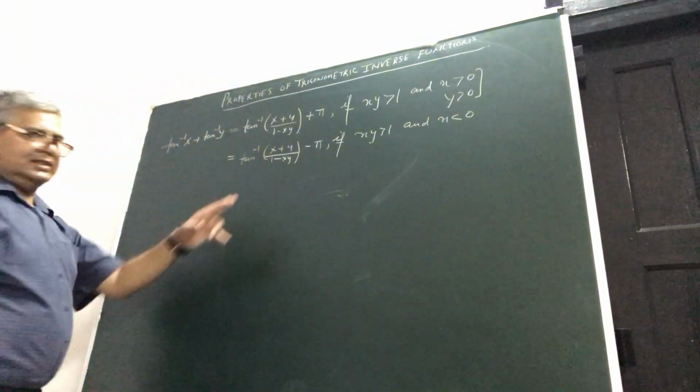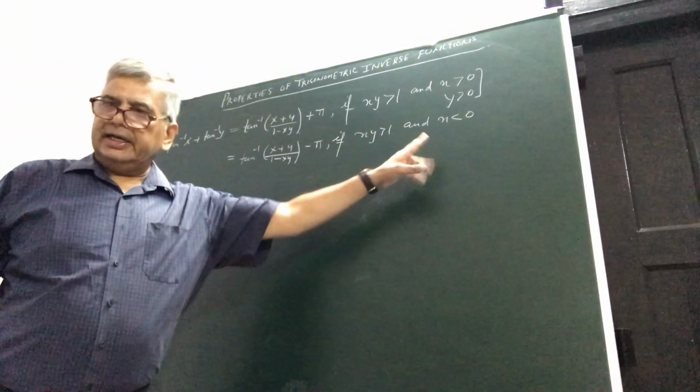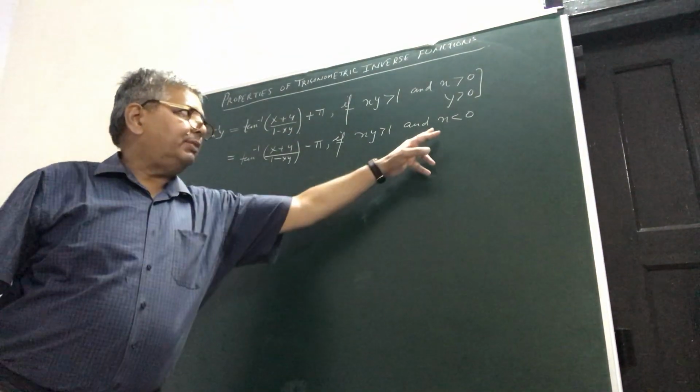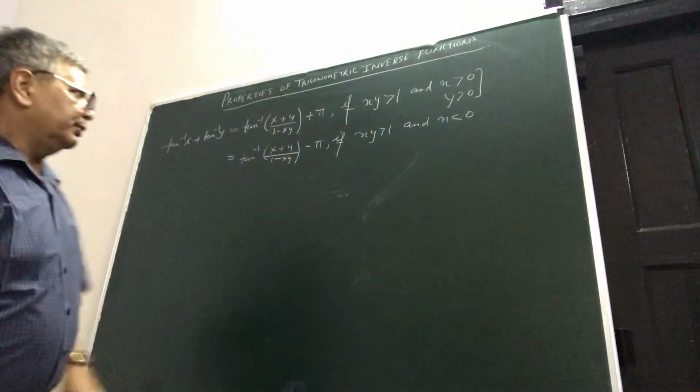And again here, if x is less than 0 and xy is greater than 1, it obviously means that y will be less than 0.